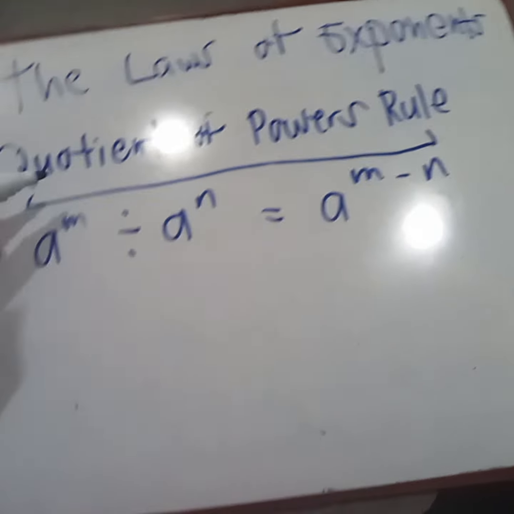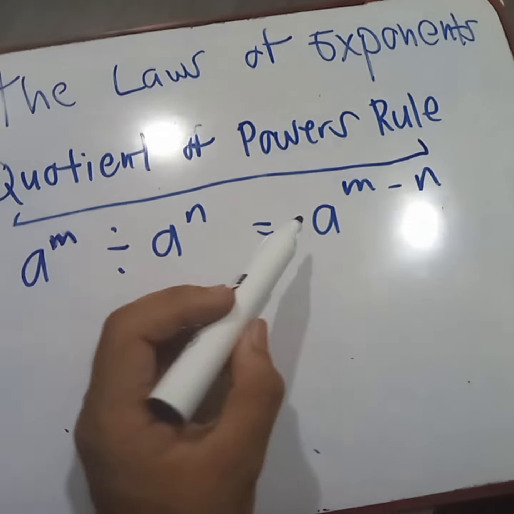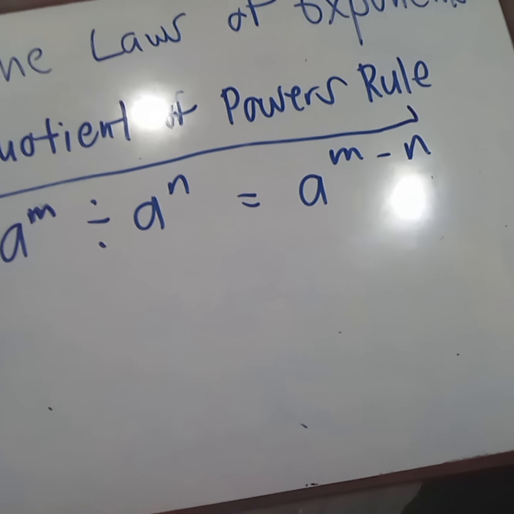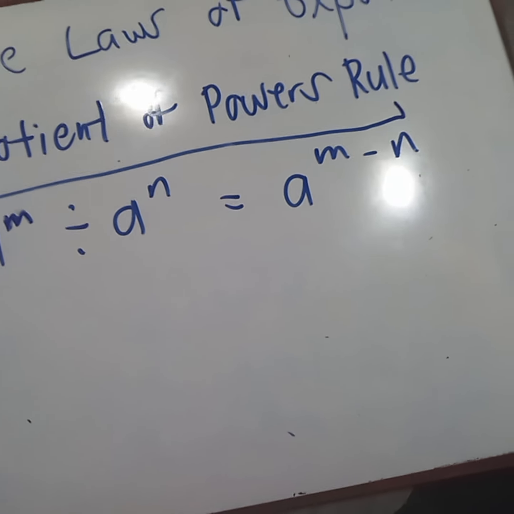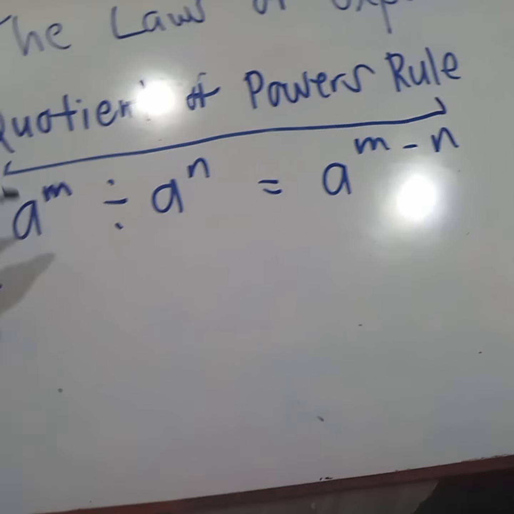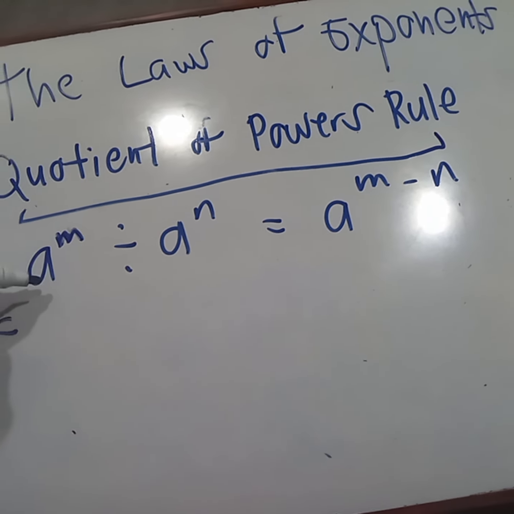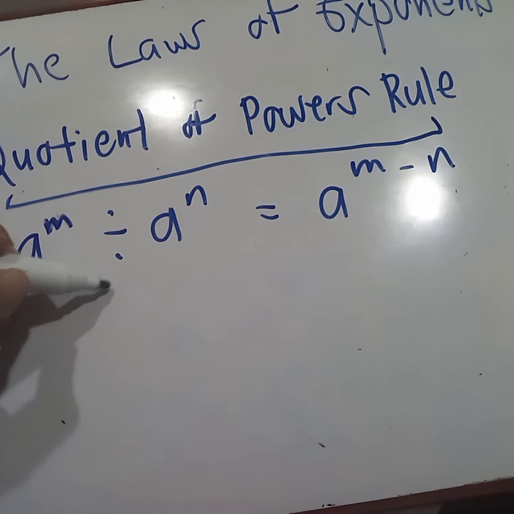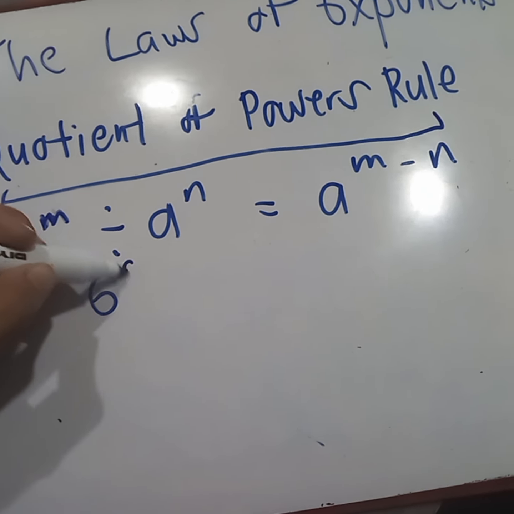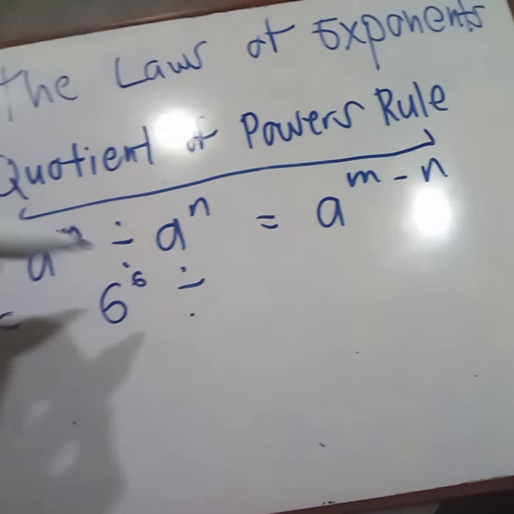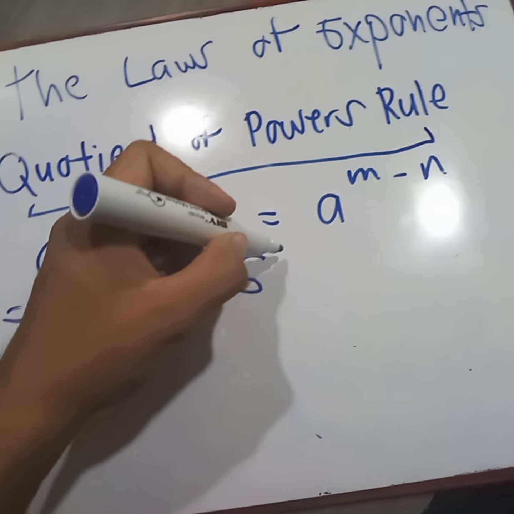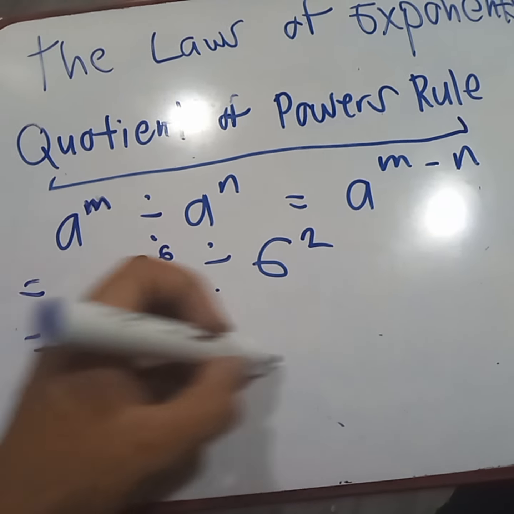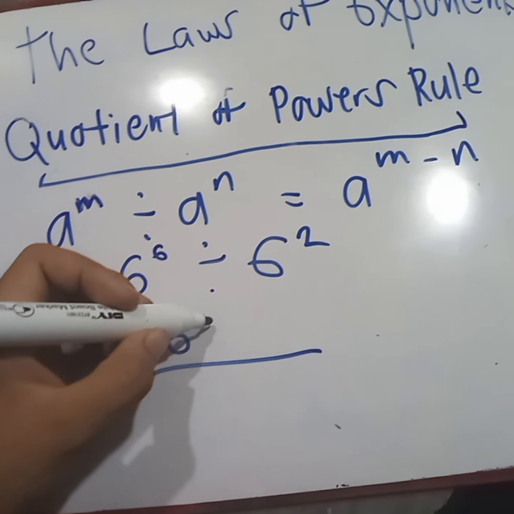the exponents here. That makes a lot of sense because when you divide, for example, 6 to the 6 divided by 6 squared, that can be simplified here.